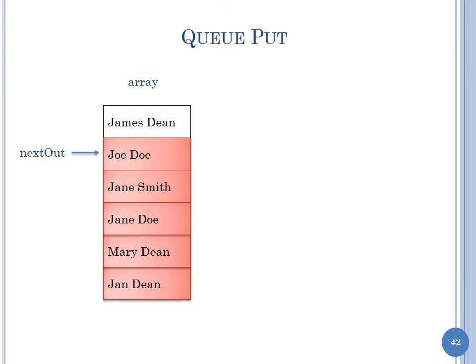And I just added an element at the last slot in the array. So where should my next in be now?